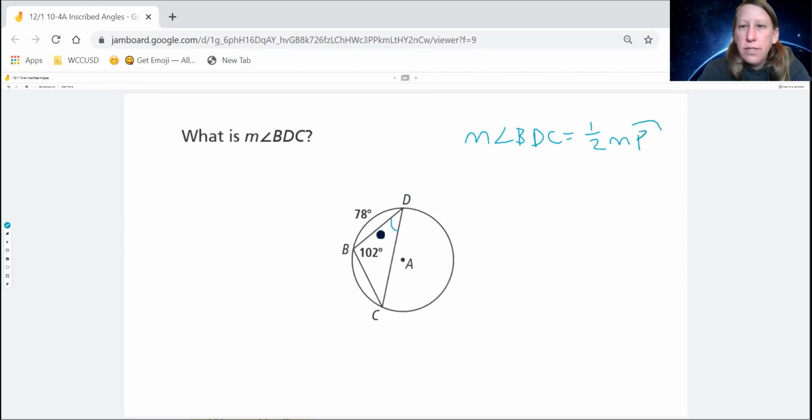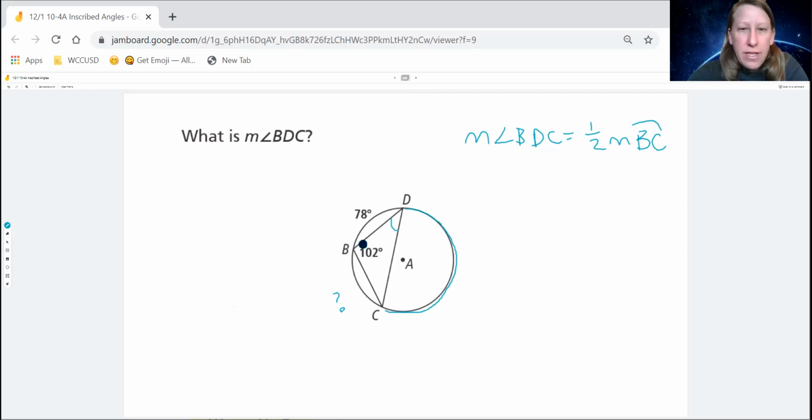So the question is, can we find this? I don't know, can we? Let's work the circle a little bit. So what I see here is an inscribed angle. I see 102 right here. So I know that this arc is going to be double.